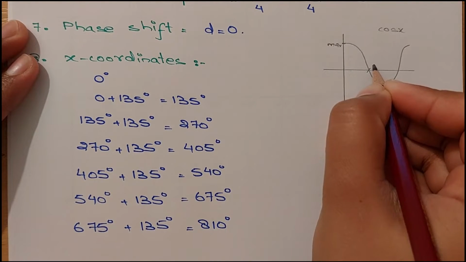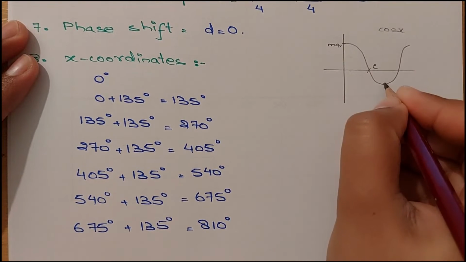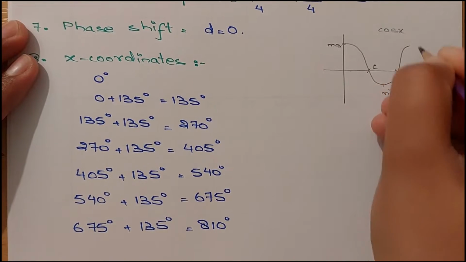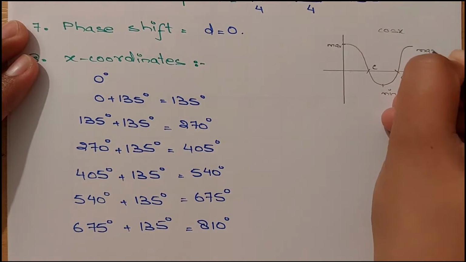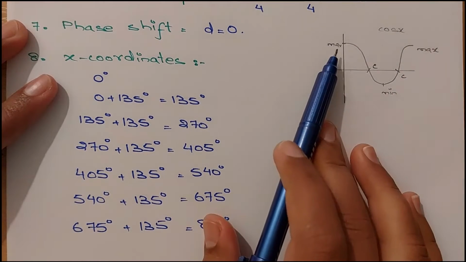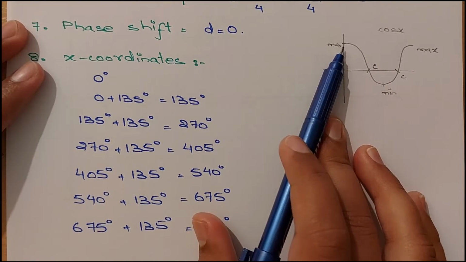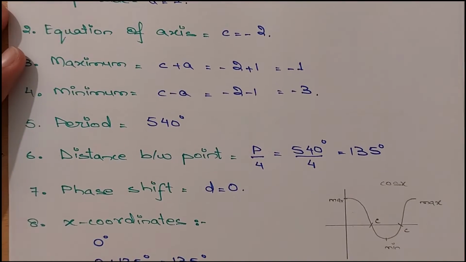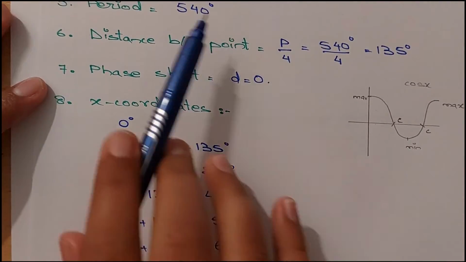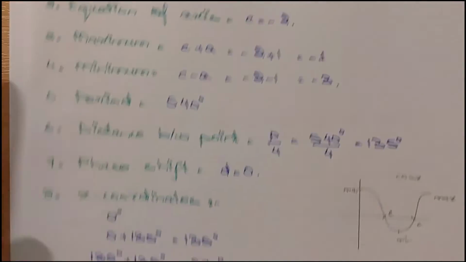This point is on the c value, the equation of the axis. This is the minimum point, then the c value, and then again the maximum point for one complete cycle, right? So the first y coordinate is the maximum point, which is minus 1, the minimum is minus 3, and the equation of the axis is minus 2.